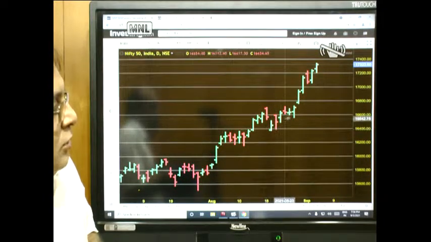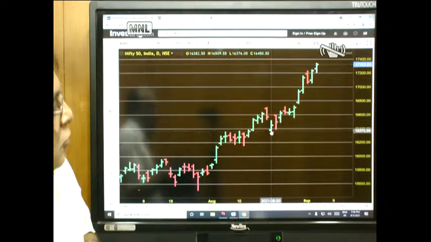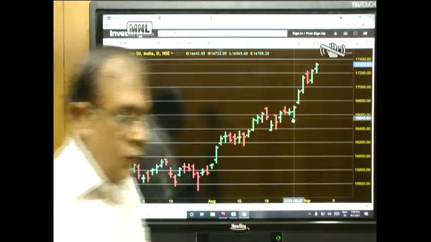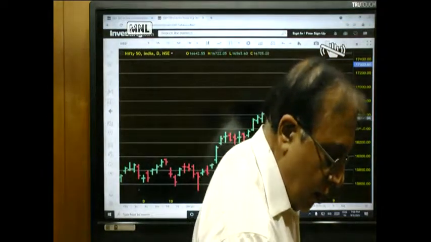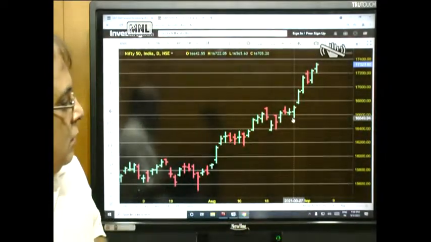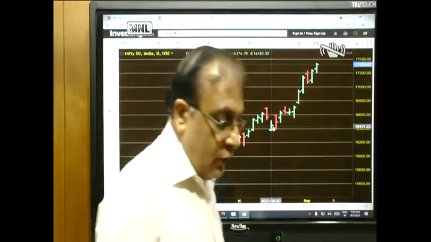After that, what is the low? This low. Now, what is the difference in this one? What is this low? Low is 16,376. What is this low? 16,565. So 16,565 minus 16,376.